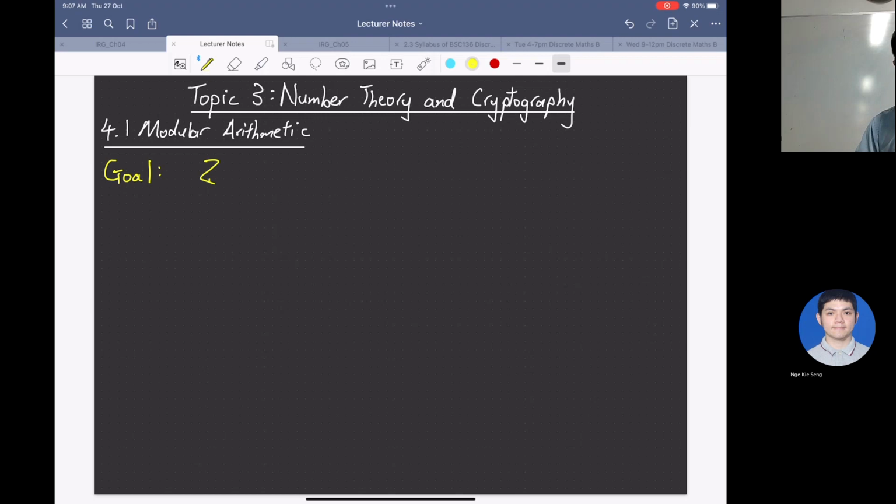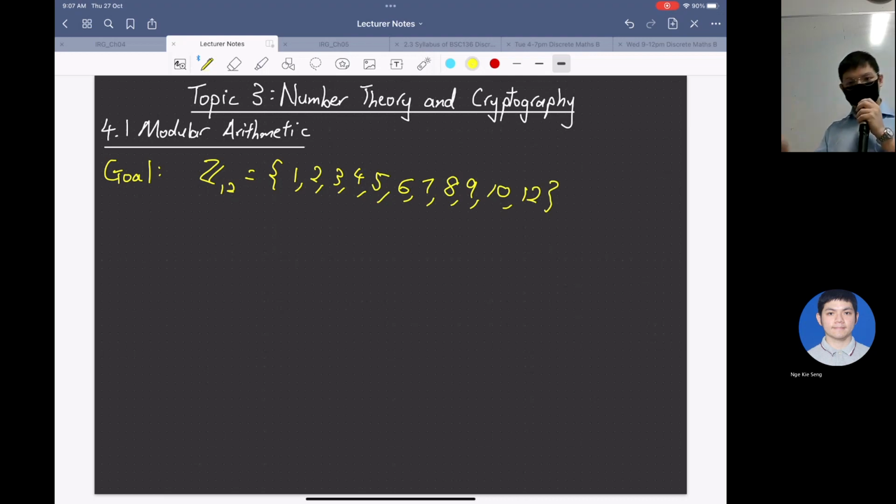For example, I just give it a name first: remember the clock numbers that we gave last time? One, two, and so on. Then learn how to add and multiply inside these numbers.